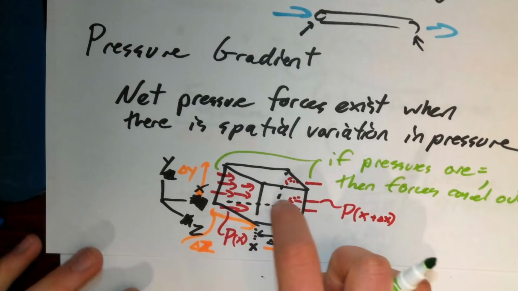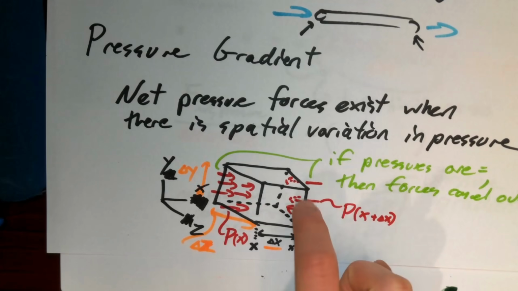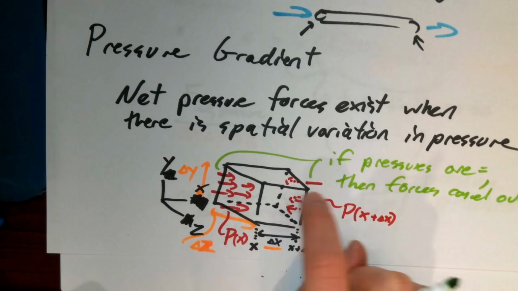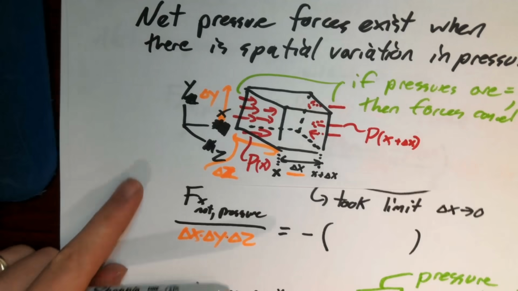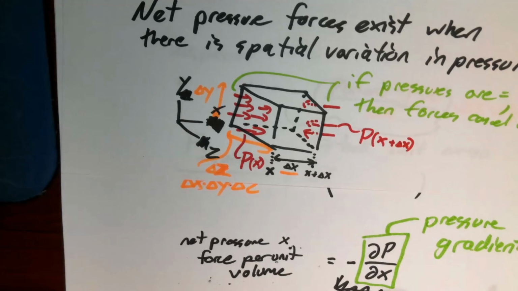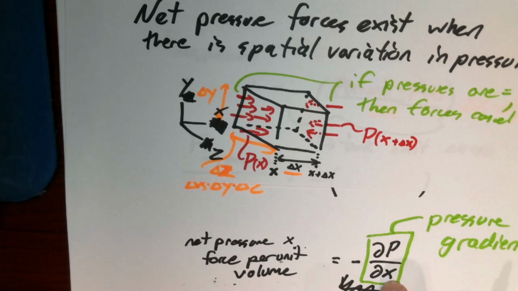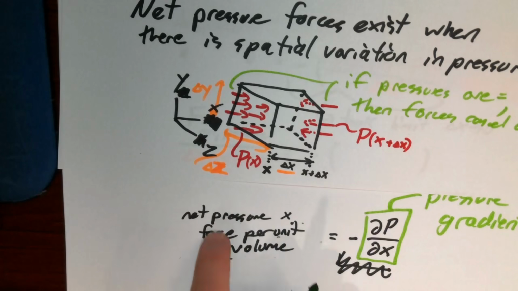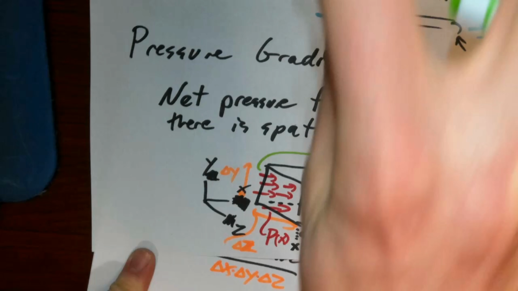We said, let's say we had some chunk of fluid with different pressures acting on the two faces. Then by definition, pressure must be varying with x. If pressure is varying with x, then pressure's derivative with respect to x is not 0. So if we have a non-zero pressure gradient, then we have a non-zero net x force on some chunk of fluid due to pressure.